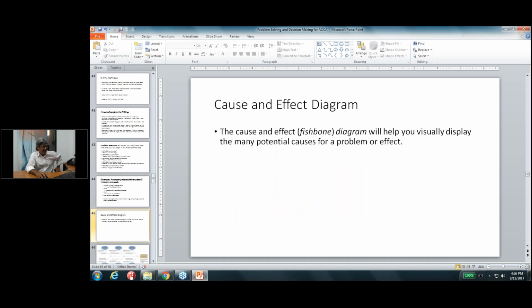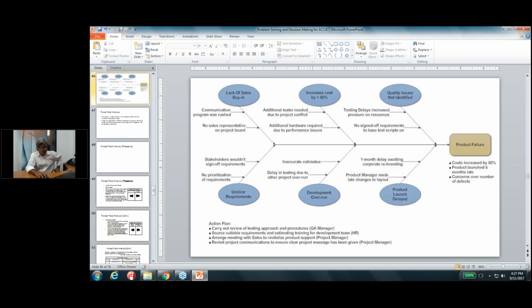Then we have the cause and effect diagram. This was developed by Ishikawa, if I'm not wrong. This diagram is also known as the fishbone diagram, which visually displays the many potential causes for a problem. I'm going through a few of these very quickly, because at the end of the day I need to present a demo.